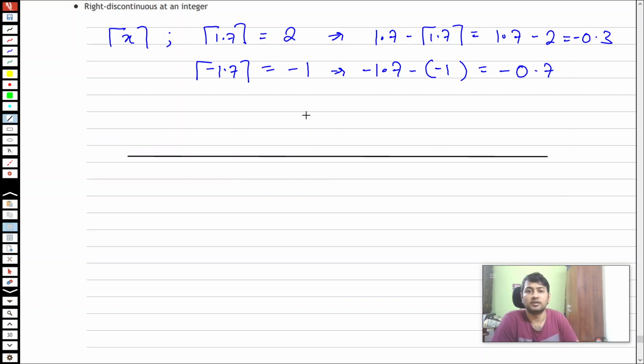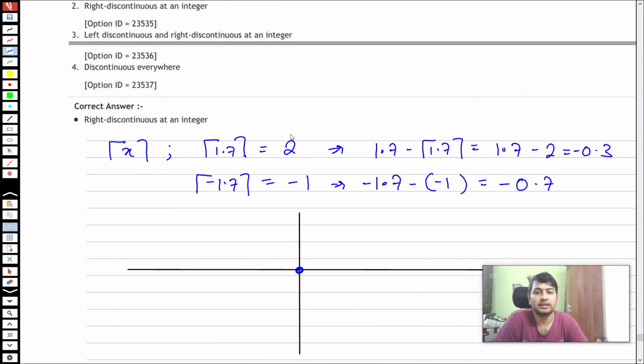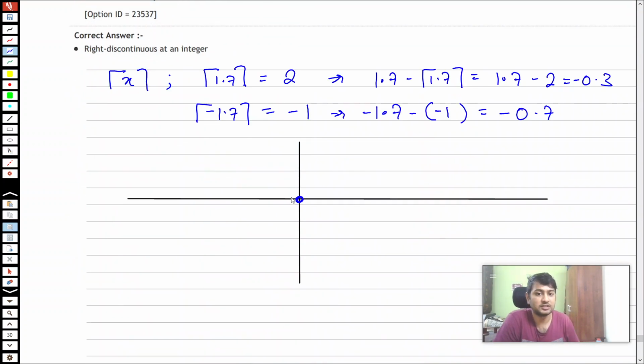If we draw it for any value of x, at the integer value it is going to be 0. At 0 it is 0, because the smallest integer greater than or equal to 0 is 0.